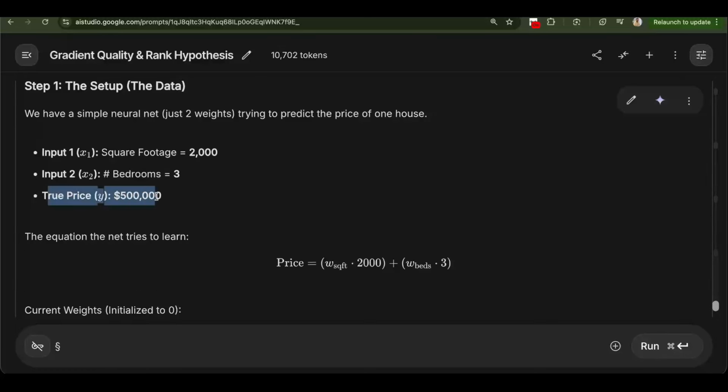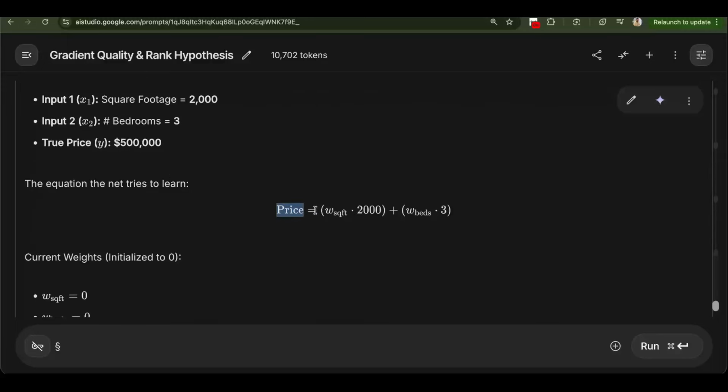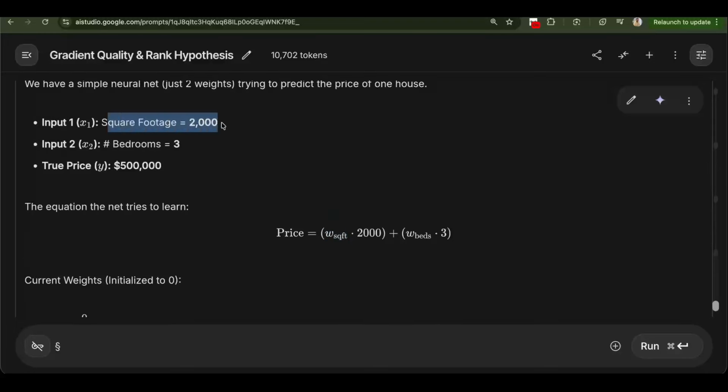Let's say we have a total price of the house and we have 3 bedrooms and 2,000 square feet. Now we want to predict price based on these, so we have some weight for how important the square feet are, or what to multiply square feet with, and we have some weight for bedrooms, and then based on the square feet and bedrooms and these learned weights by neural networks, we should get the real price.